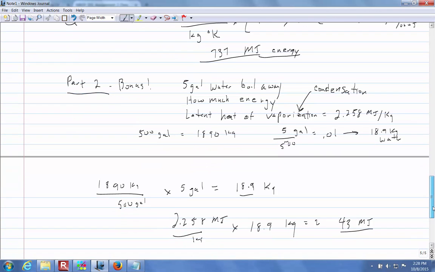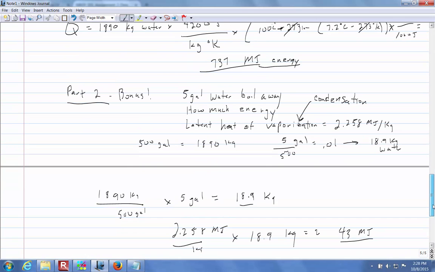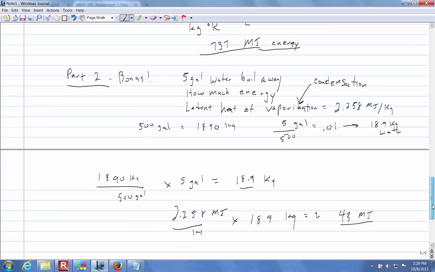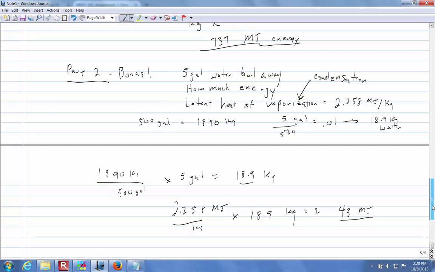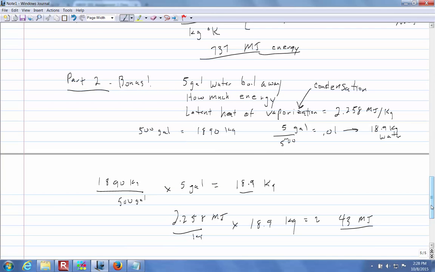So bringing 5 gallons to boil would be one hundredth of that, 7.4 megajoules. But to boil 5 gallons of water away, it takes an additional 43 megajoules. And that's what this box is about. They're dealing with different parameters, okay?